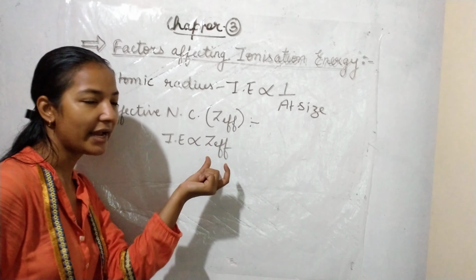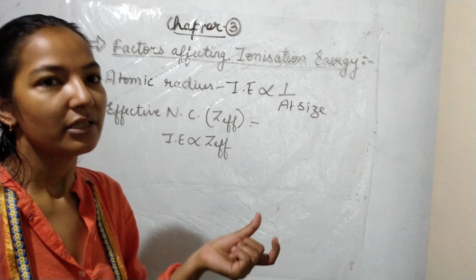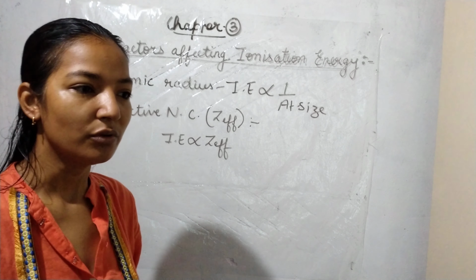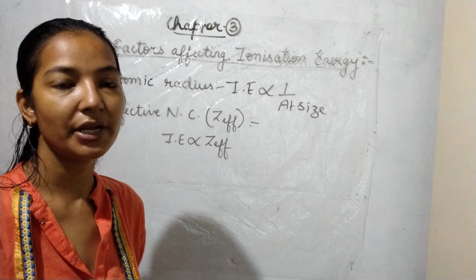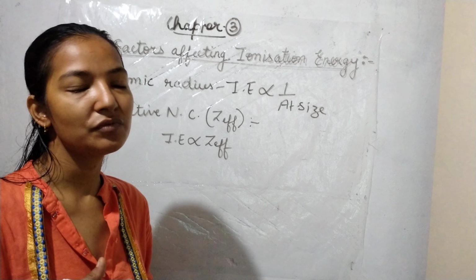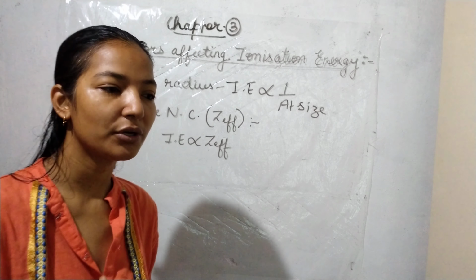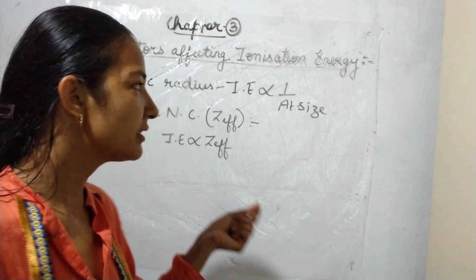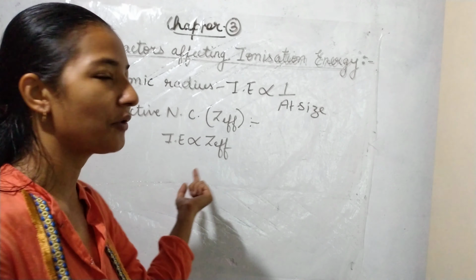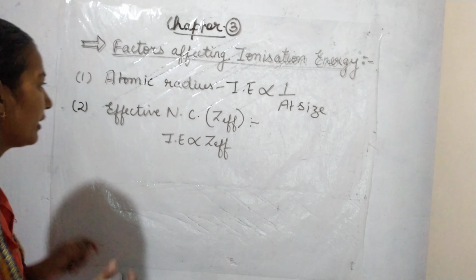If the size of atom decreases, then the Z effective will also increase, and in that case the ionization energy will increase. Suppose we are going from left to right in a periodic table, so continuously the atomic size decreases. Why? The Z effective increases, and hence the ionization energy will also increase.